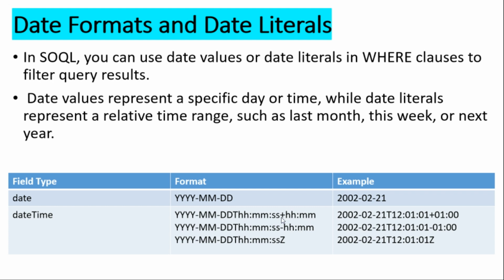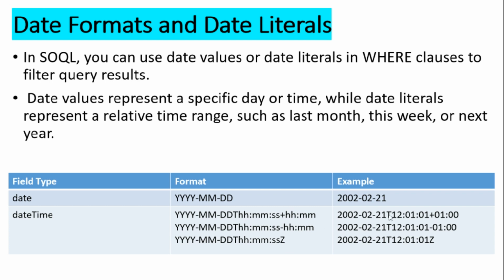This is an offset time zone, and plus represents 1 hour ahead of UTC. UTC means Coordinated Universal Time. Minus represents behind UTC, for example 1 hour behind universal time, and Z represents the Zulu time zone.